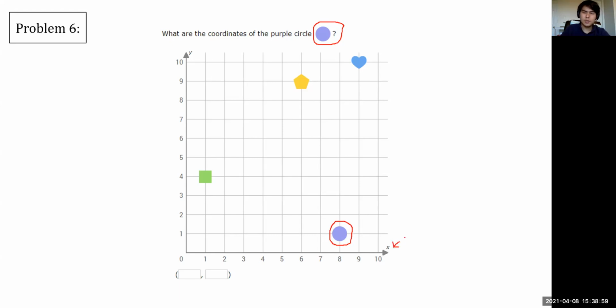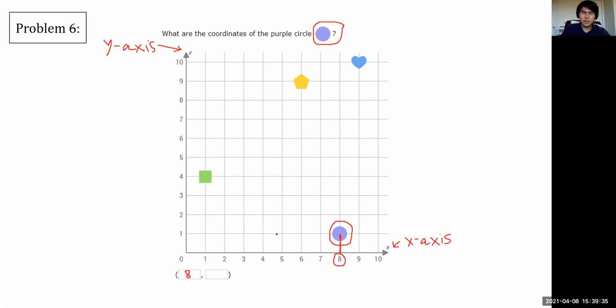Here is our x-axis, and our y-axis is right here. Gonna start from the purple circle, draw a straight vertical line downwards, all the way to the bottom until we get to the x-axis, and the number that we get is 8. So 8 is our x-coordinate of the purple circle.